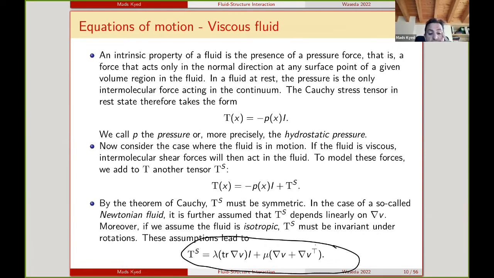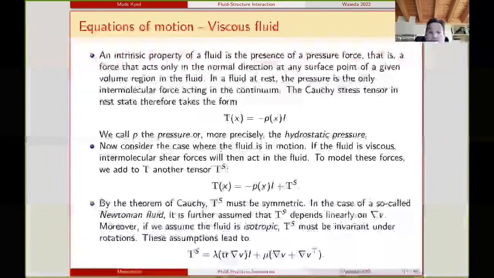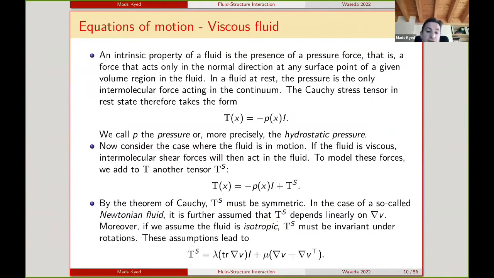This is our shear stress in a so-called Newtonian fluid, and Newtonian denotes a fluid in which we have derived the equation based on this assumption. Not all real life fluids are Newtonian. If you think of, for example, ketchup or blood, you have examples of non-Newtonian fluids where you cannot make this assumption to get a reasonable model.